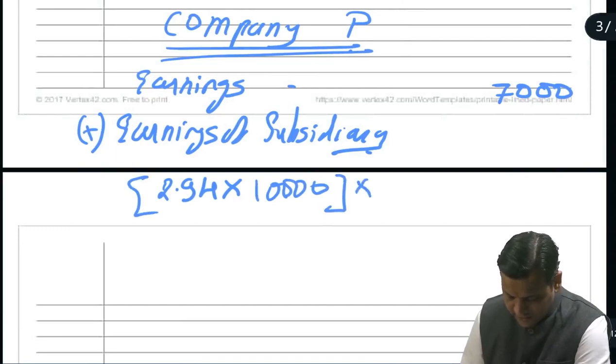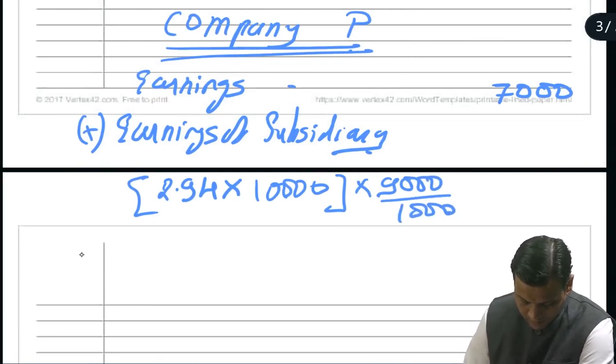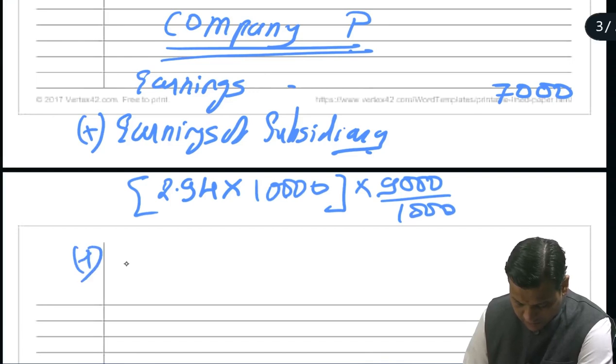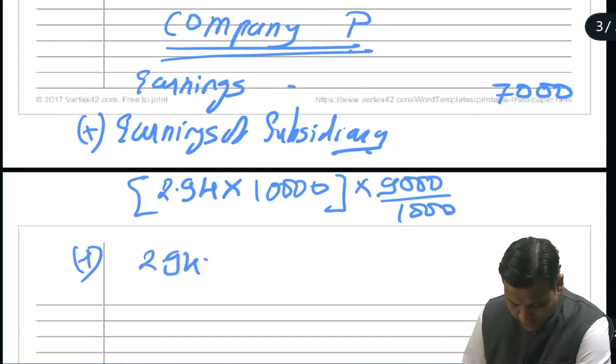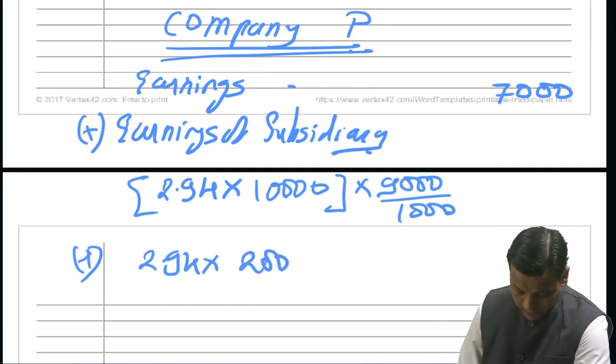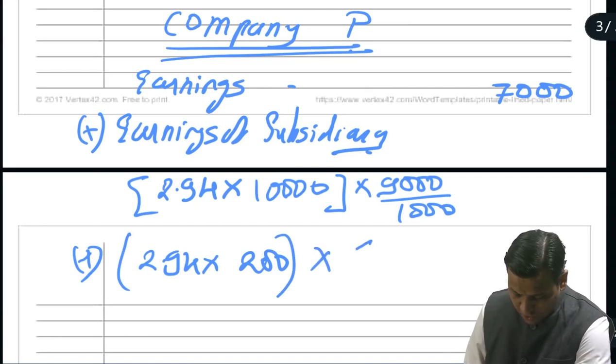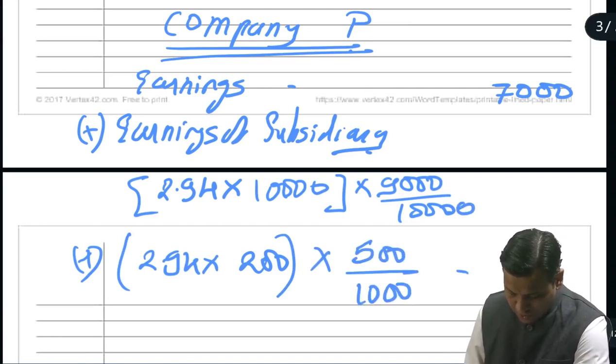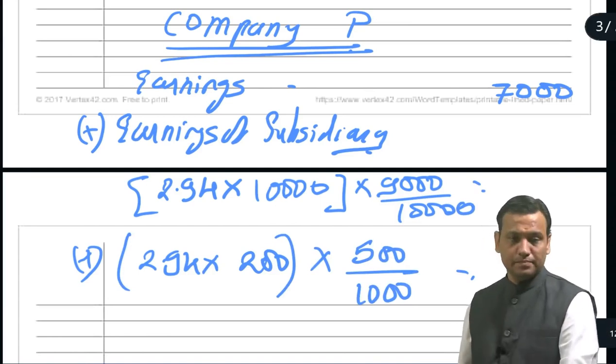Out of that, can I say 9,000 by 10,000 belongs to me? Plus 2.94 into 200. Why 200? Option part. Out of this, how much belongs to you? 1,000 options belong to you. These two will be added up.